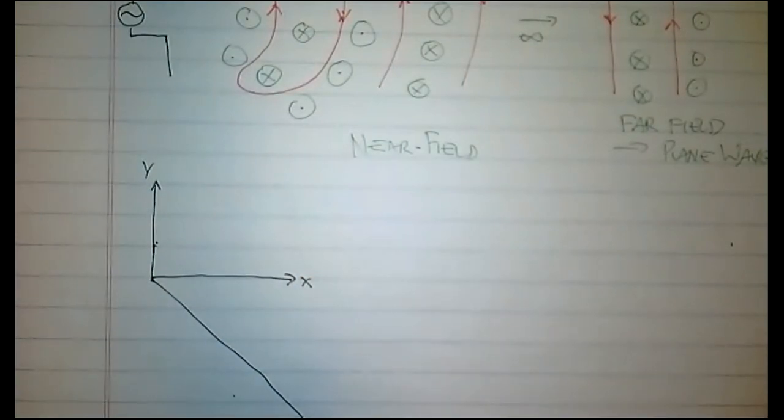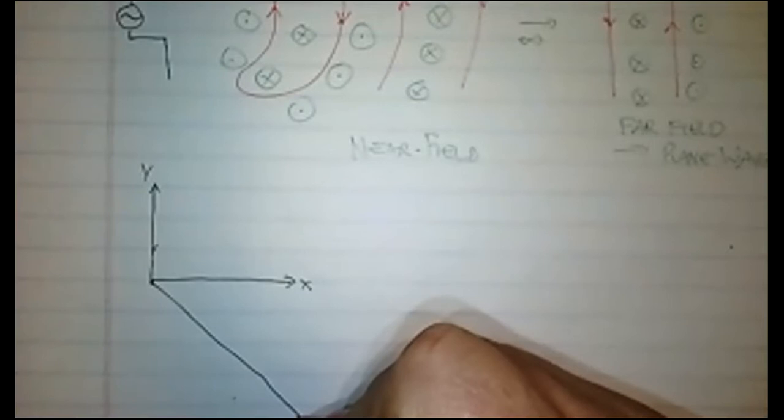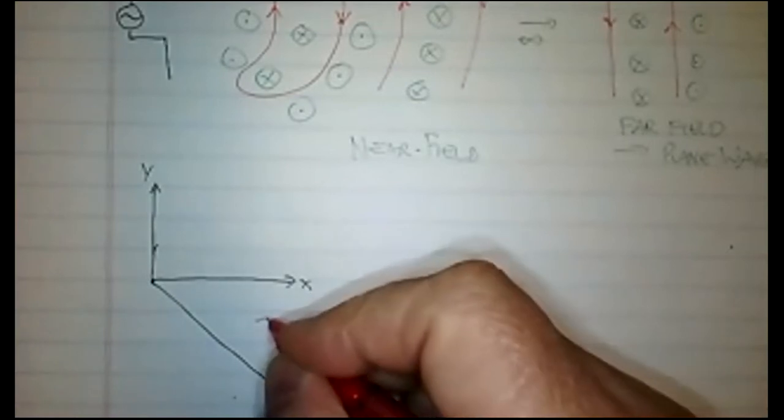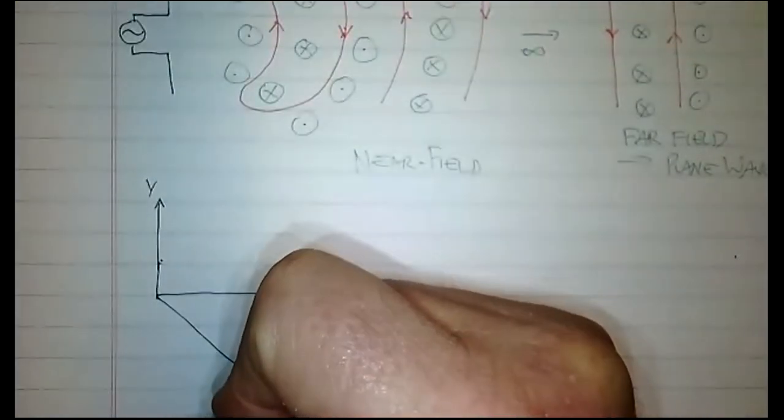Okay, so what exactly is this crazy electromagnetic radiation? Well, let's imagine a vertical field oscillating parallel to the y-axis, like that.